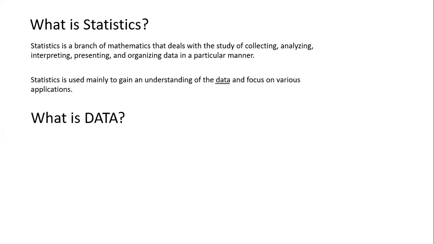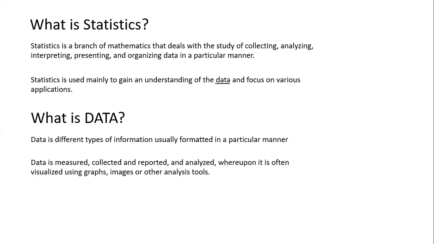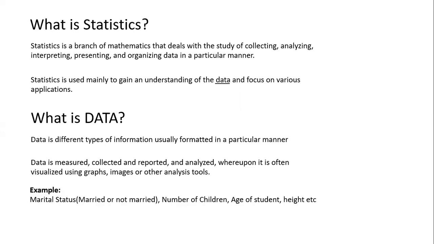So, when we say data, what is meant by this data? Actually, this is a piece of information or facts that can be measured. That is, data is different types of information, usually formatted in a particular manner. So data is measured, collected, reported, and analyzed, whereupon it is often visualized using graphs, images, and analysis tools.